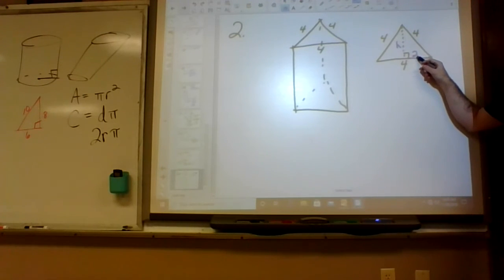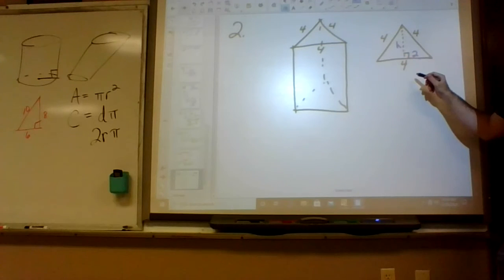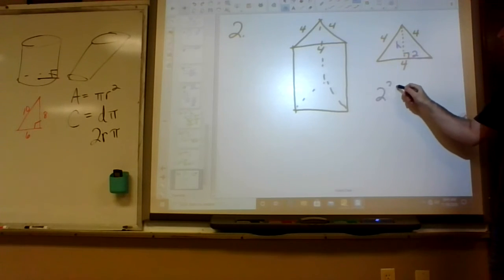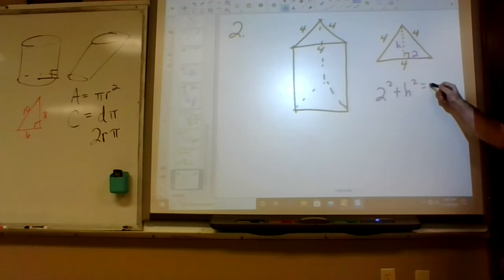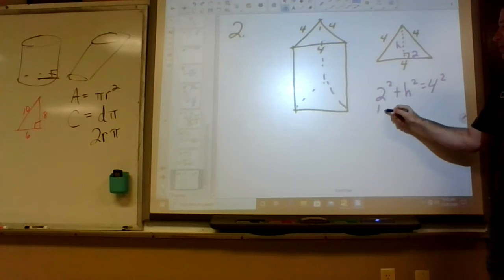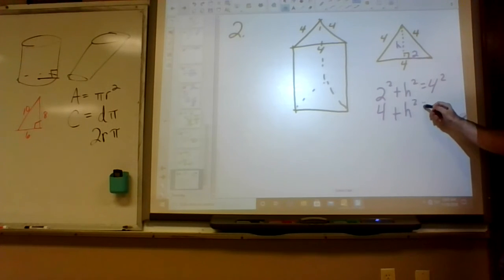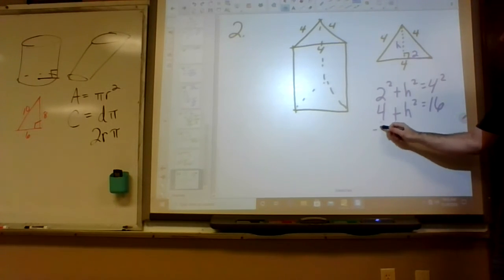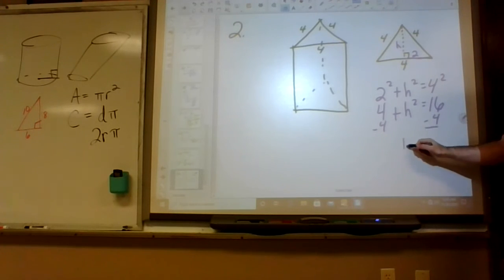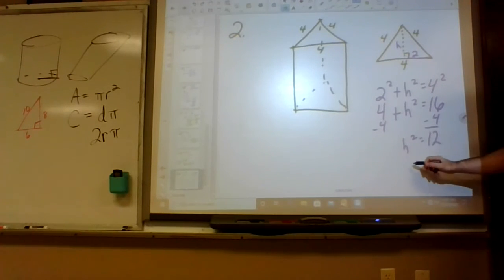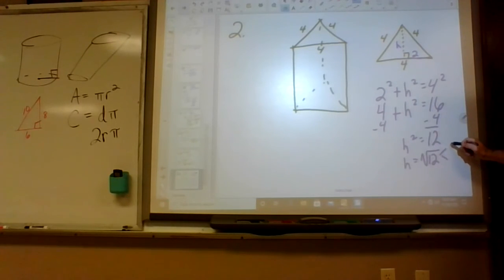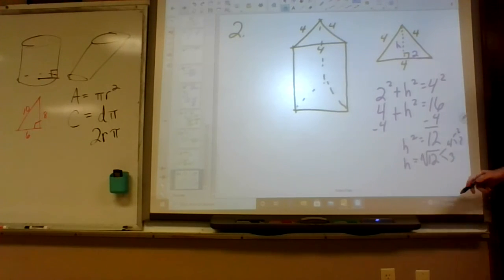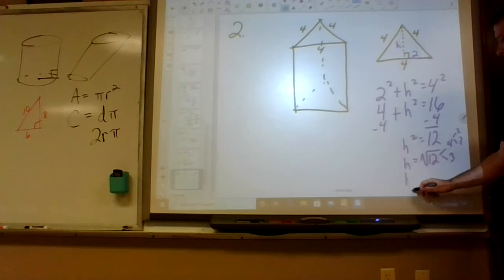2 squared plus height squared equals 4 squared. So that would be, height is square root of 12. Yeah, it's 2 square root of 3.